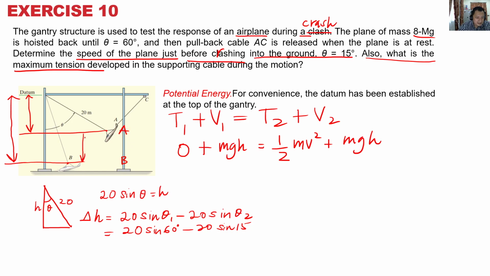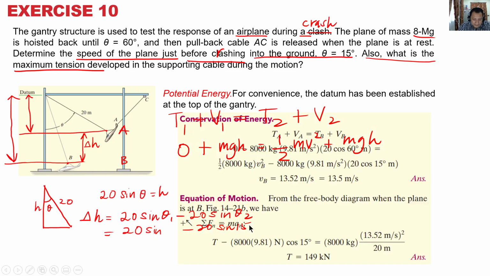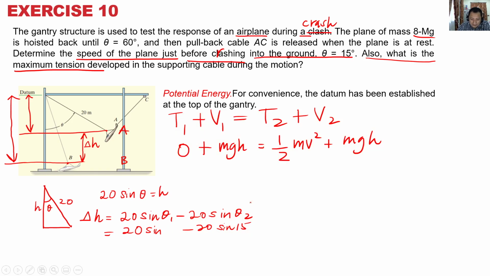This is delta H. I should rephrase it another way. I think this one is slightly higher, right? So not 60 degrees. You have to minus 15 degrees from 60 degrees to get the bigger one. Right? Are we okay?